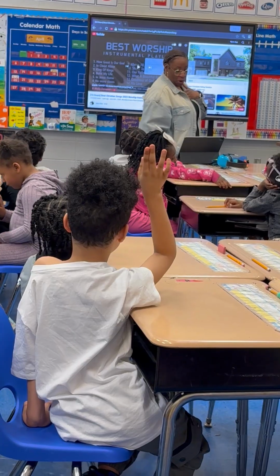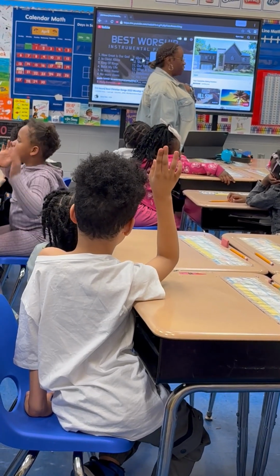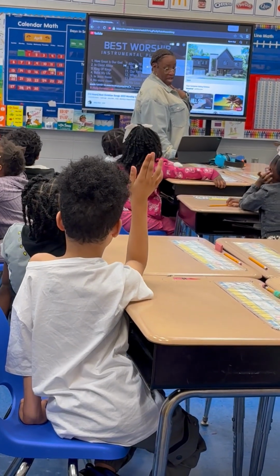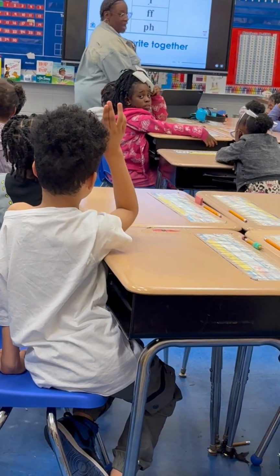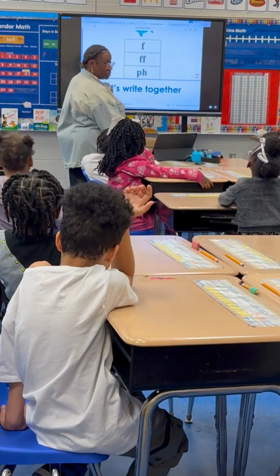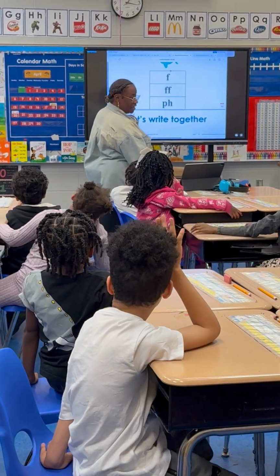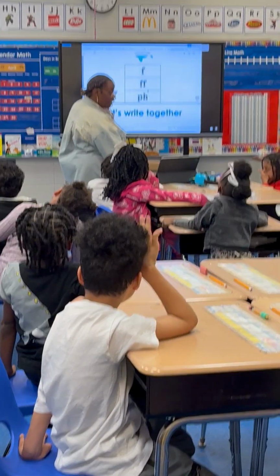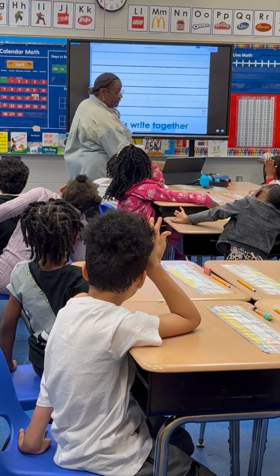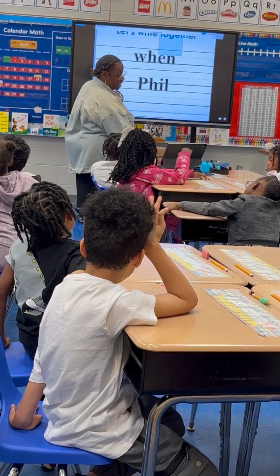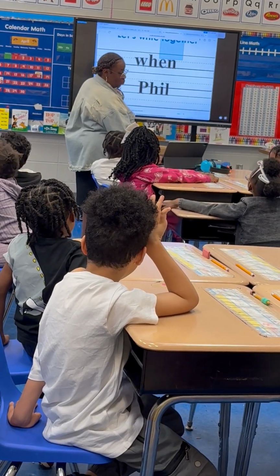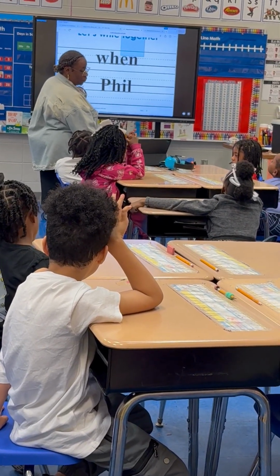So therefore, all three of these letters make the same what? Sound. Right here you have F, two F's. So you have the F, the double F, and then you have the P-H. Makes the what sound? Fff sound.